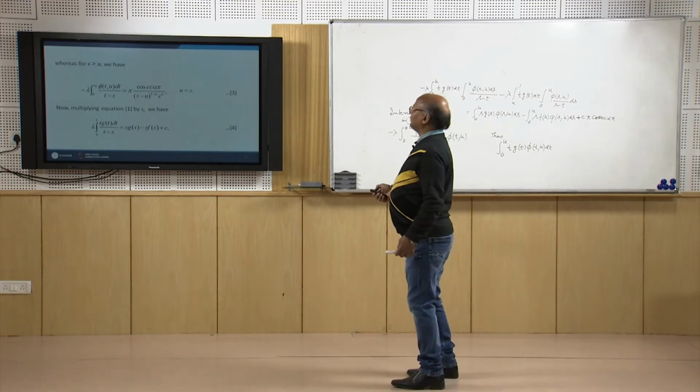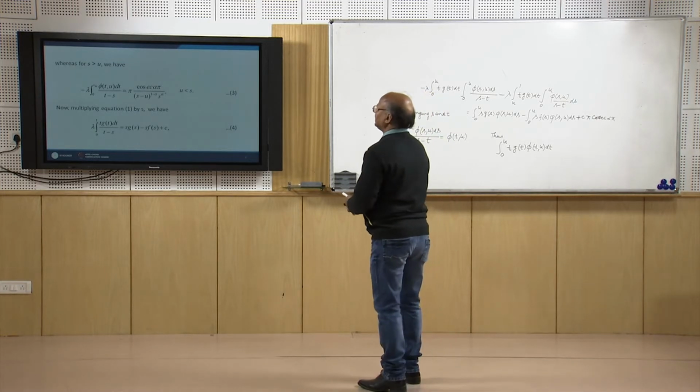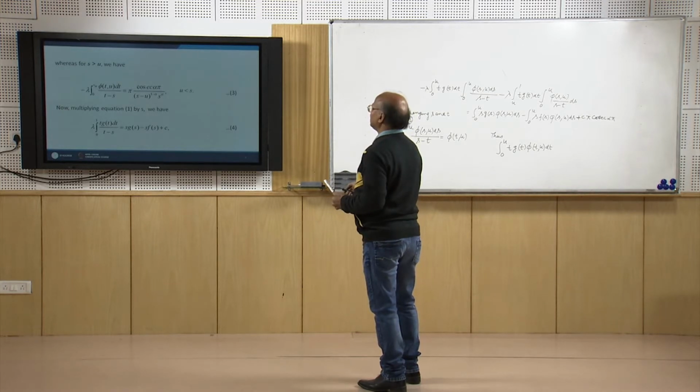So, in case when s is greater than u, we have this identity. So, let us again interchange s and t here.